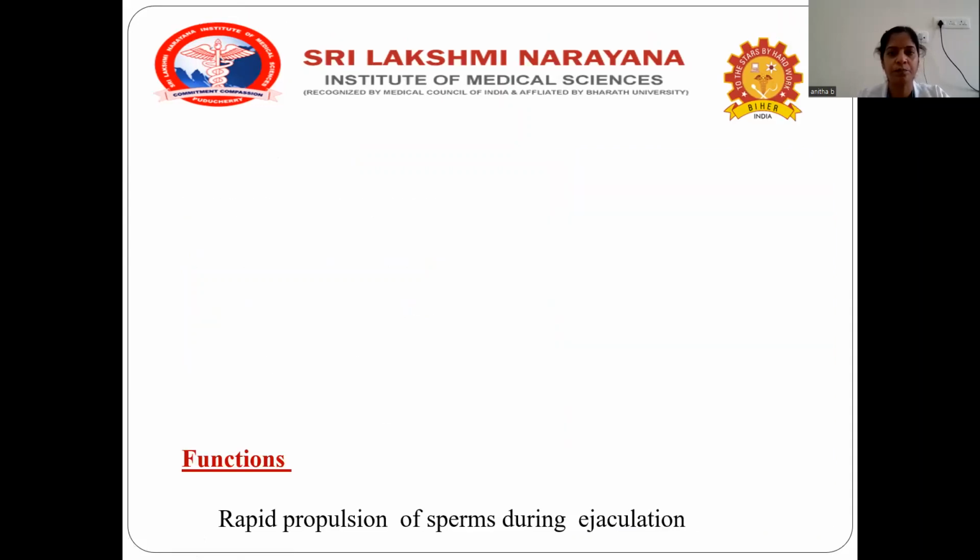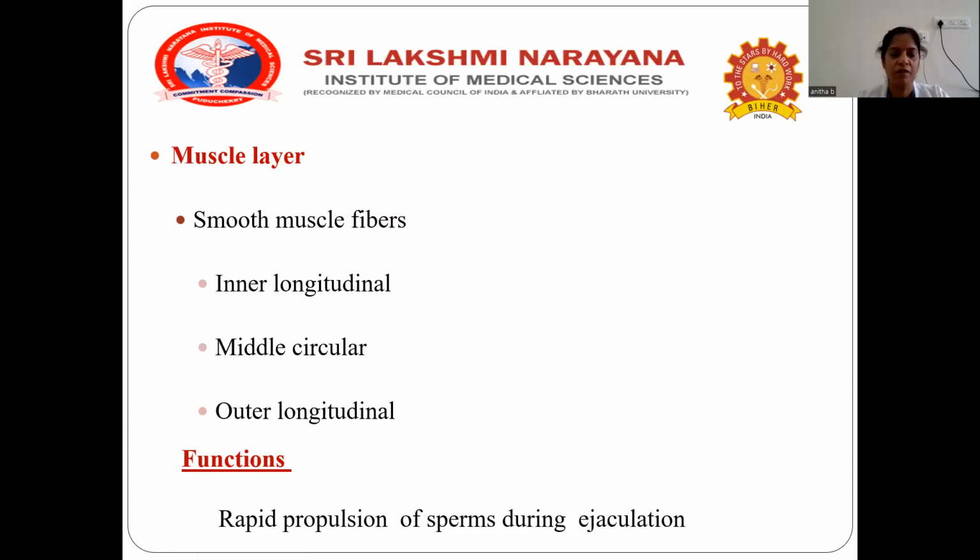The next one, muscle layer. When you see the muscle layer, it's made up of smooth muscles. They are arranged as inner longitudinal, middle circular, outer longitudinal. So this I already told you, the smooth muscle layer is very thick because it has to act against gravity.